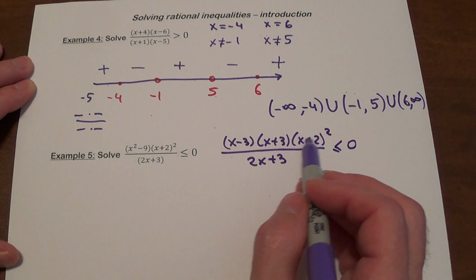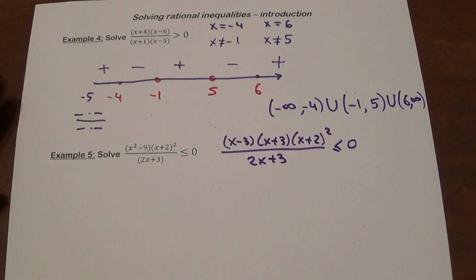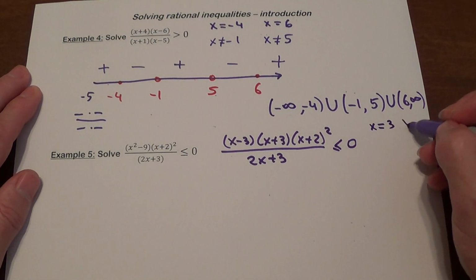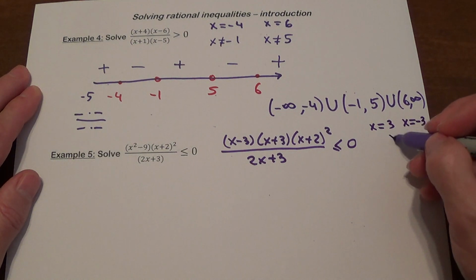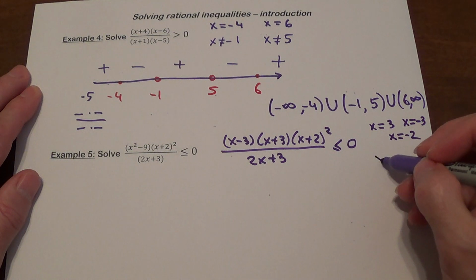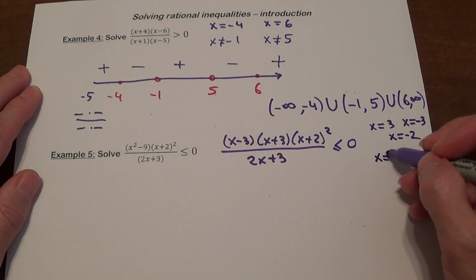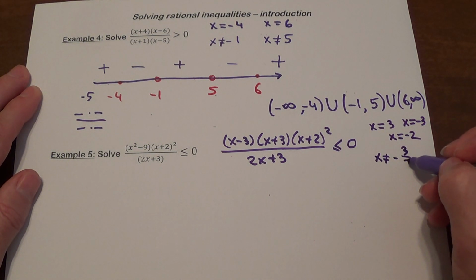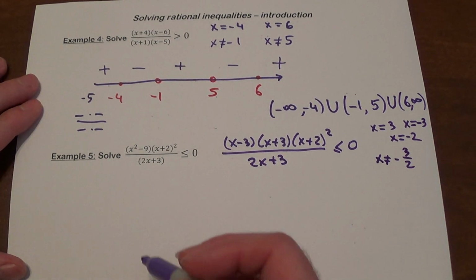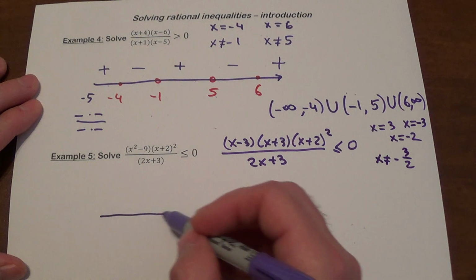So we have 3 values that are going to be our zeros: x equals 3, x equals negative 3, and x equals negative 2. These are our zeros. On the bottom we cannot allow x to equal negative 3 halves, because then you're going to get 0 in the denominator. We can't have this.